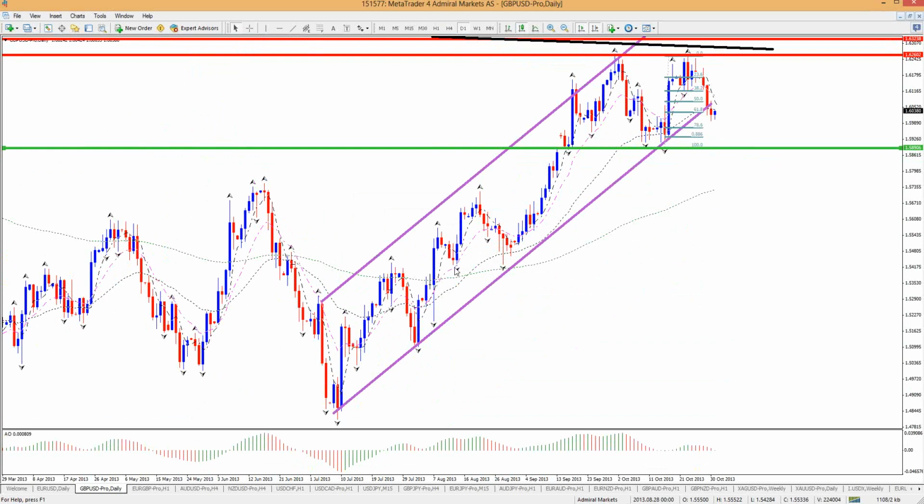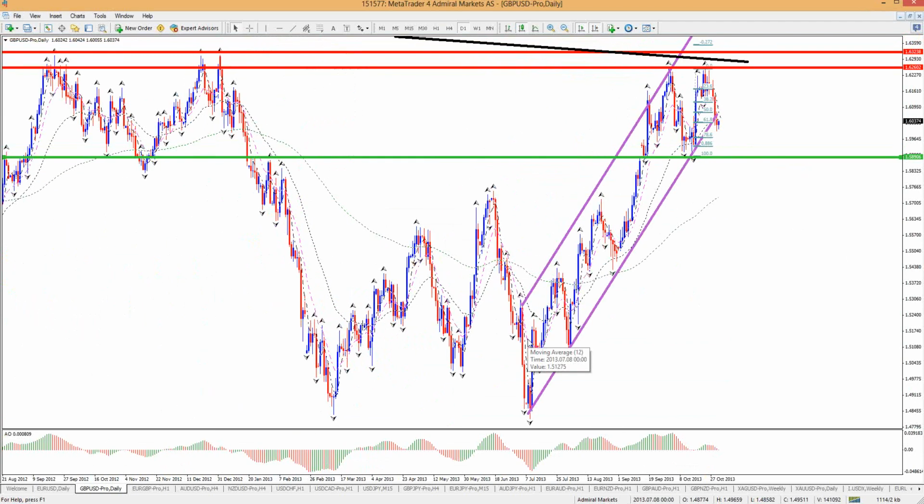Is there any supply demand on this daily chart, by the way? Let's take a look. I don't see it, huh? Not on this day chart. I can scrunch it up a bit. No, it doesn't look so.